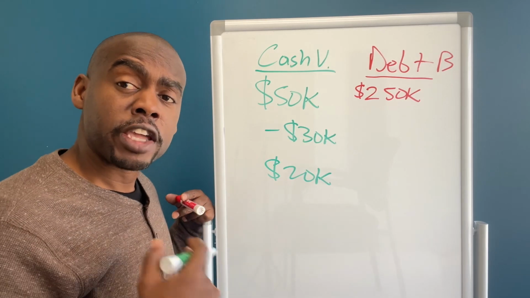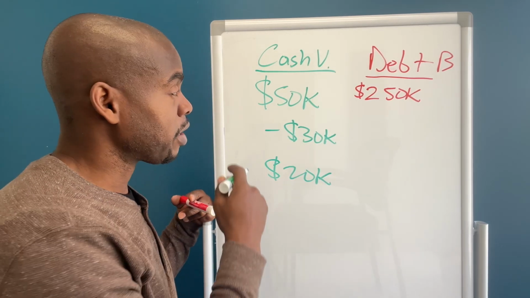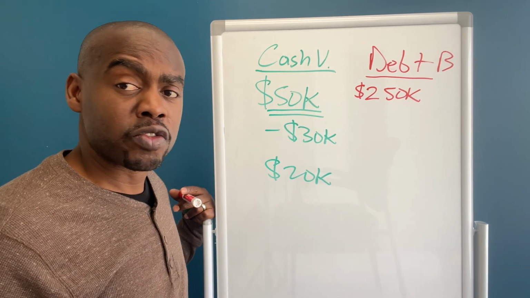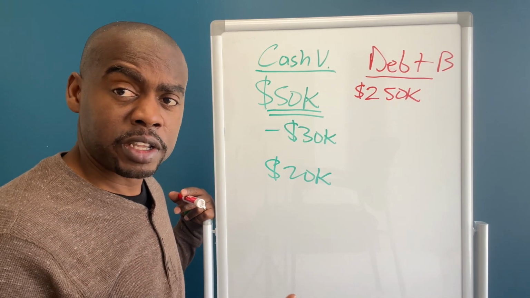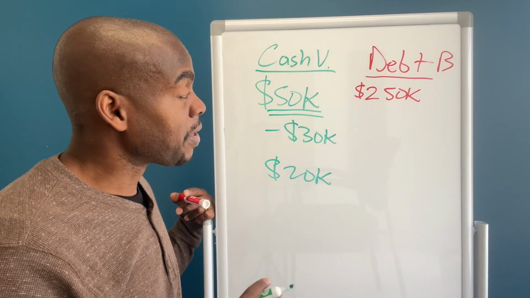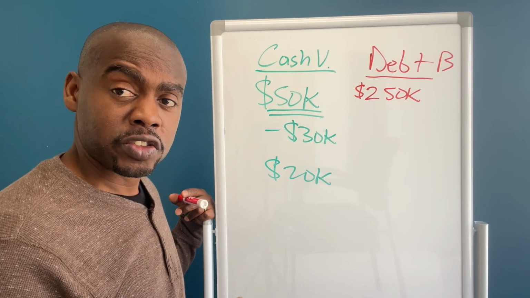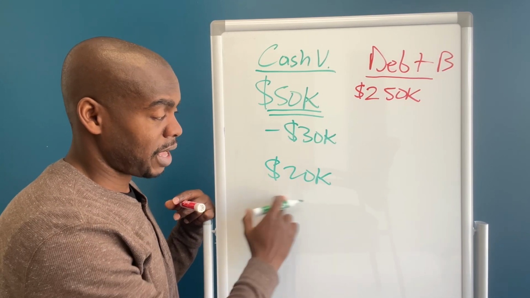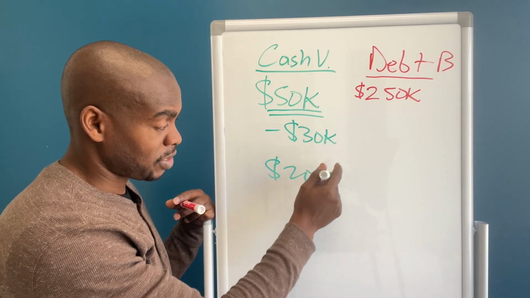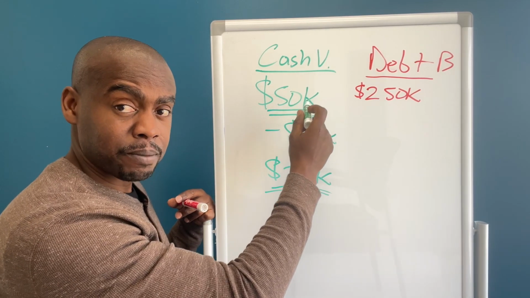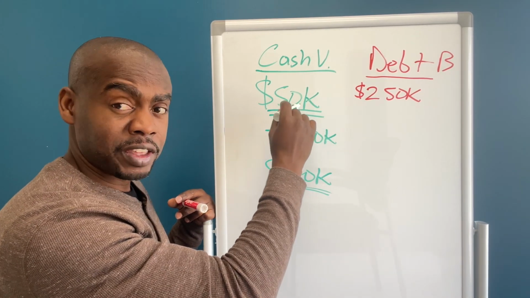However, your interest will be credited on $50,000. So it's as if you didn't really borrow any of your money. Your money is still there. Your full $50,000 is there for you to get your interest credited. Your policy shows this is what you can borrow from, but in reality, you're getting credit on $50K.